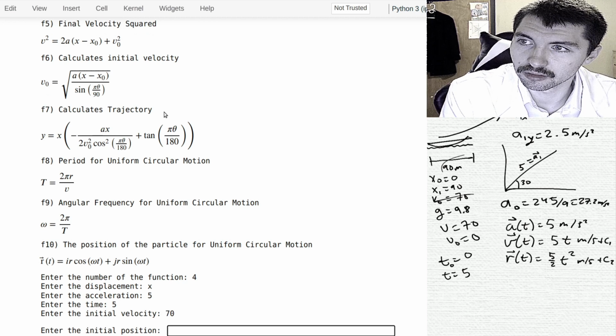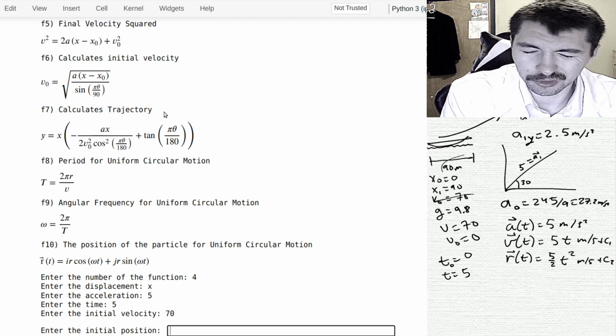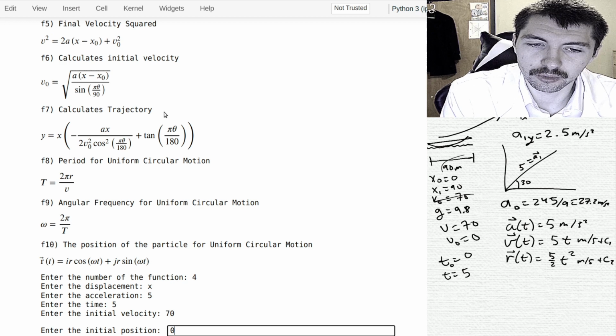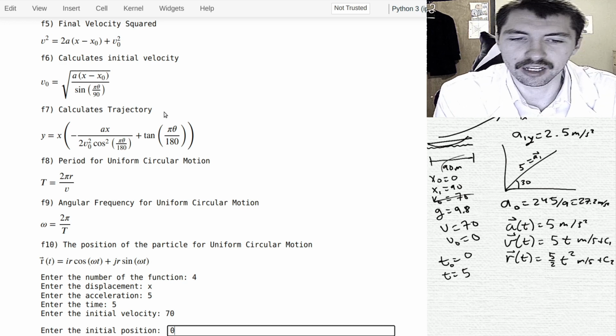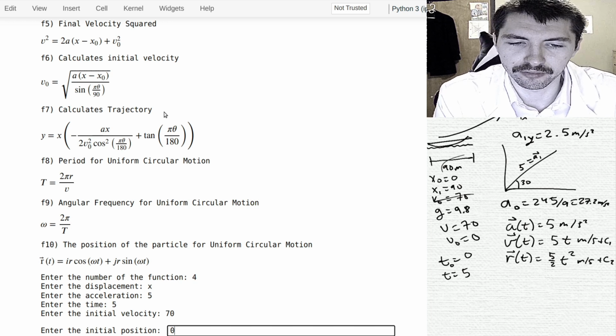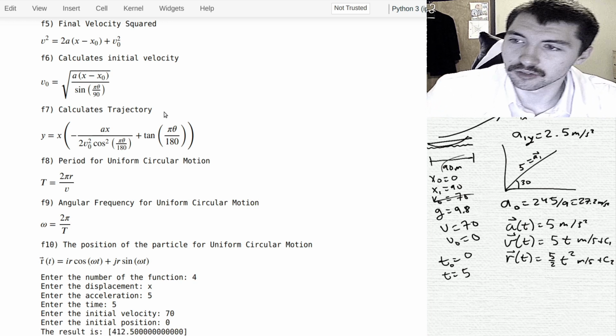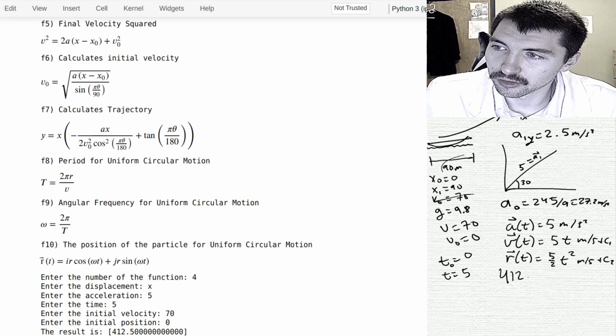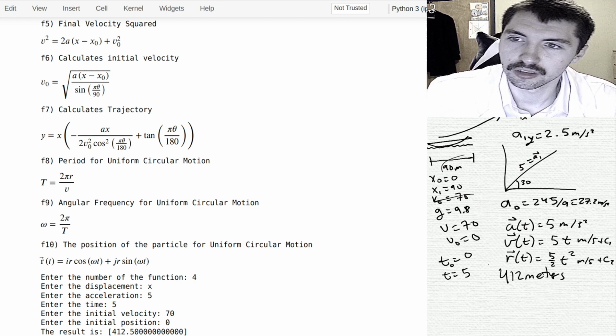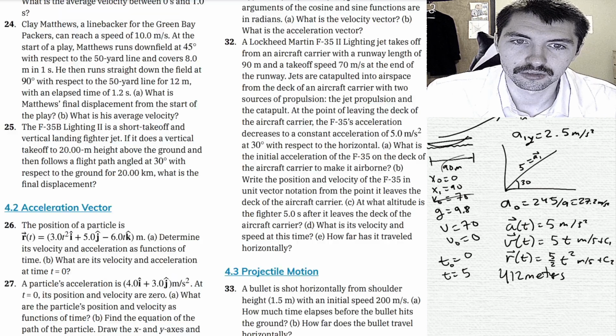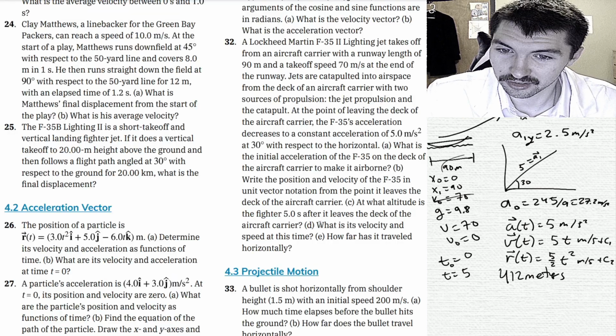Initial position, we say 0. We're using y's here, so when I type x for displacement, I'm referring to y. So I'm getting 412 meters high after 5 seconds, which sounds reasonable.